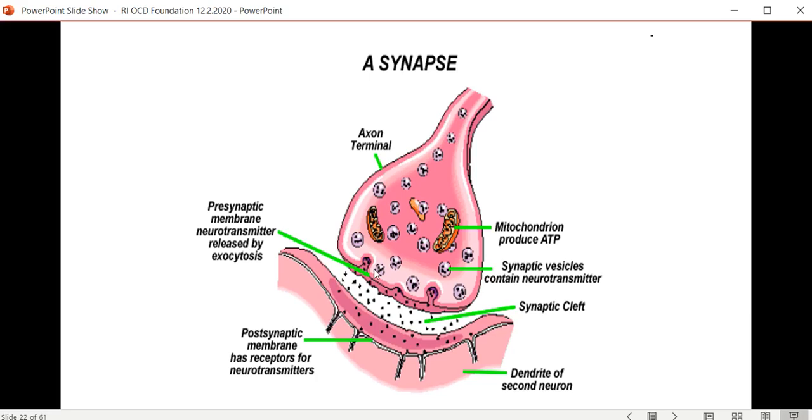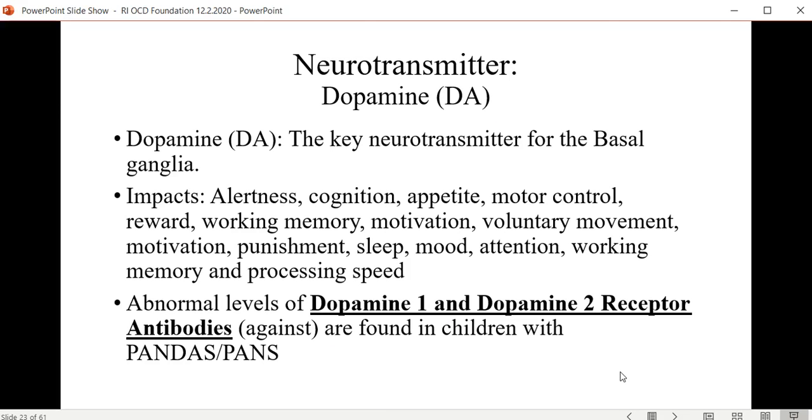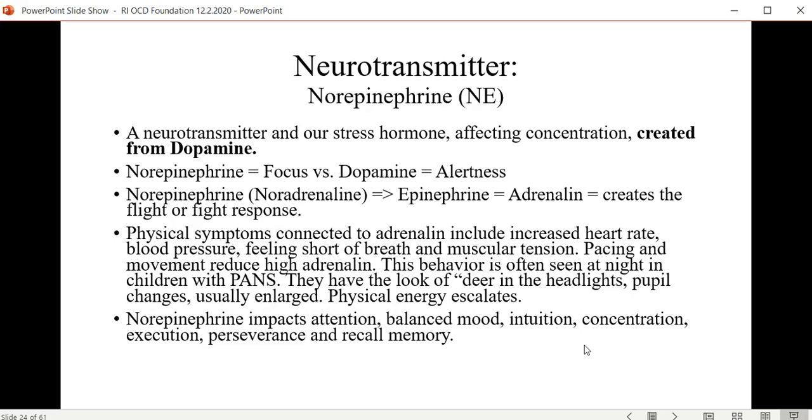So back to here, these are the receptors. And what they see is antibodies are attacking these receptors. So it's not that you don't have dopamine, it's just that it's not working so well when it's being attacked. And this explains a lot of the behaviors, because if your dopamine is thrown off, you have ADHD behavior. If your dopamine is off, you don't think so straight.